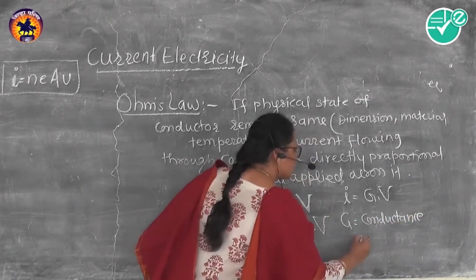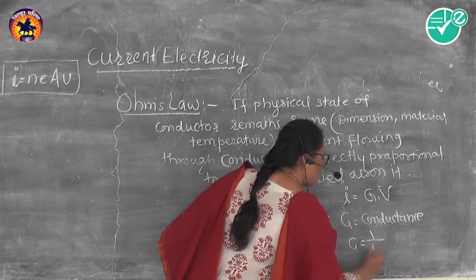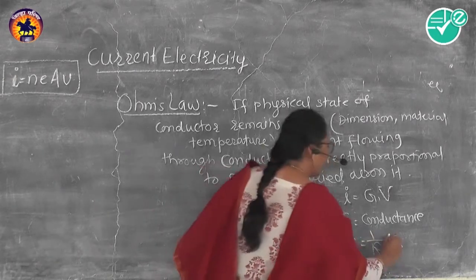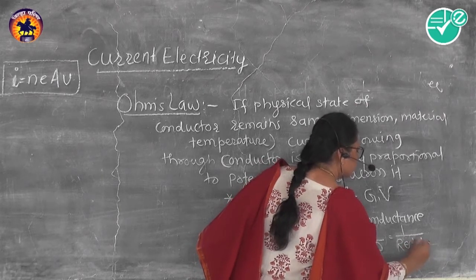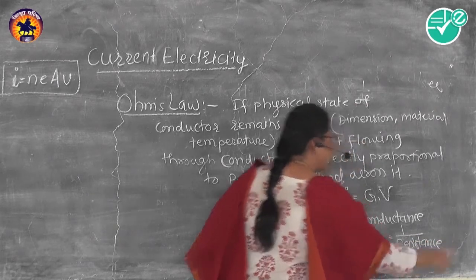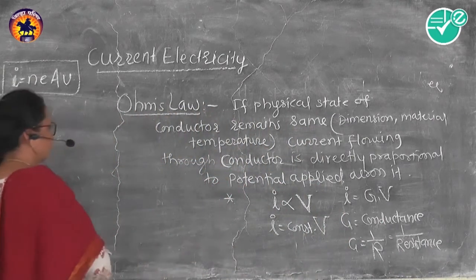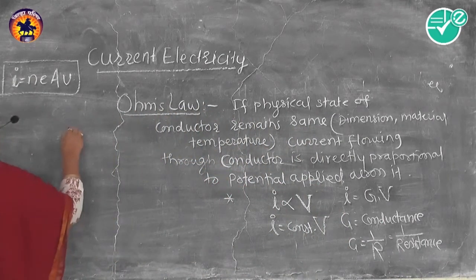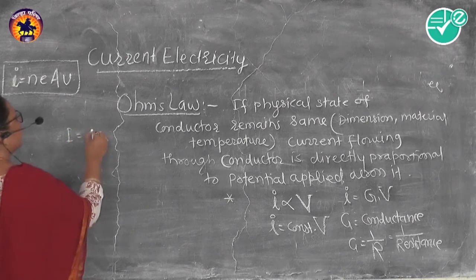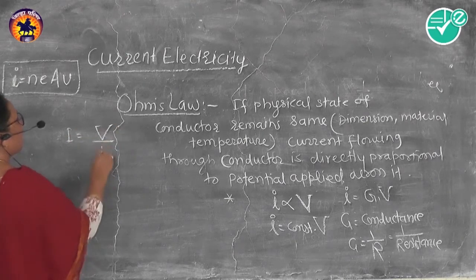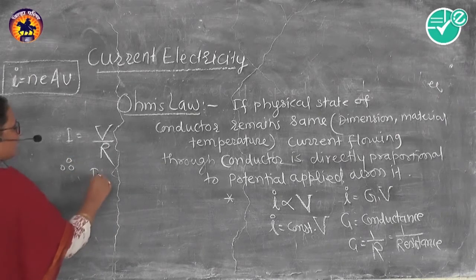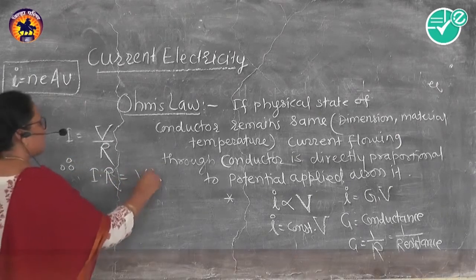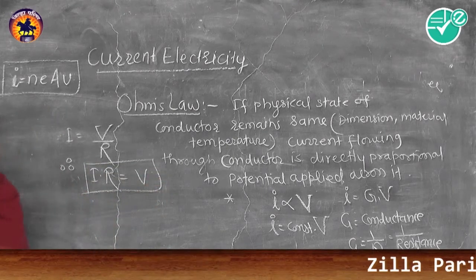This conductance is the reciprocal of another property R, that is resistance. Hence this relation becomes I is equal to V divided by R, and therefore the well-known popular relation is I into R is equal to V. So this is Ohm's law.